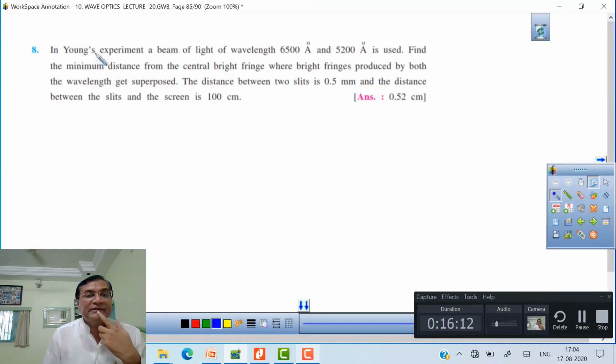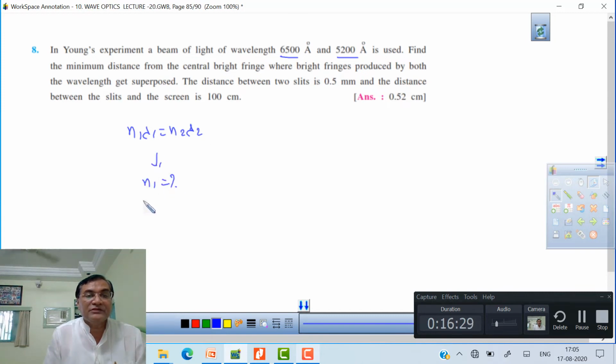Then I go for the next. In Young double slit experiment, a beam of light of wavelength 6500 and 520, this is already discussed in the NCERT book. It is of that type. Again the same one, n1 lambda 1 is equal to n2 lambda 2.